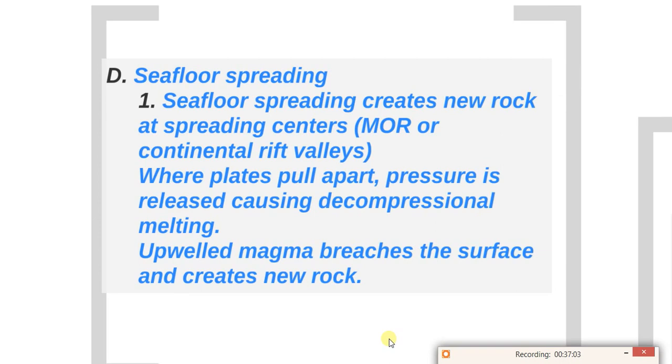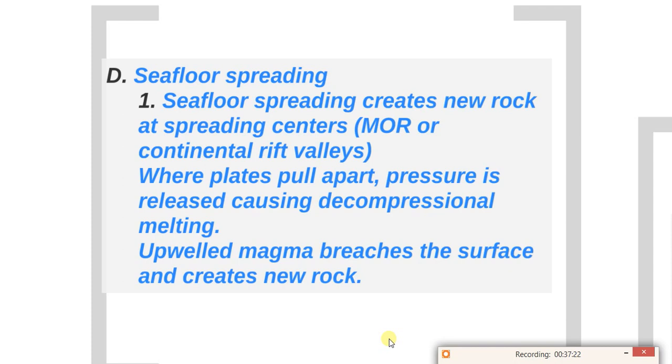Since the continents are so thick, it's actually going to stretch that continent out. So we're going to have a lower area. That's what we call a rift valley, because it's being pulled apart, and it's thinning and thinning and thinning, with volcanic action happening, until eventually it will become oceanic floor, but that takes a very long time.